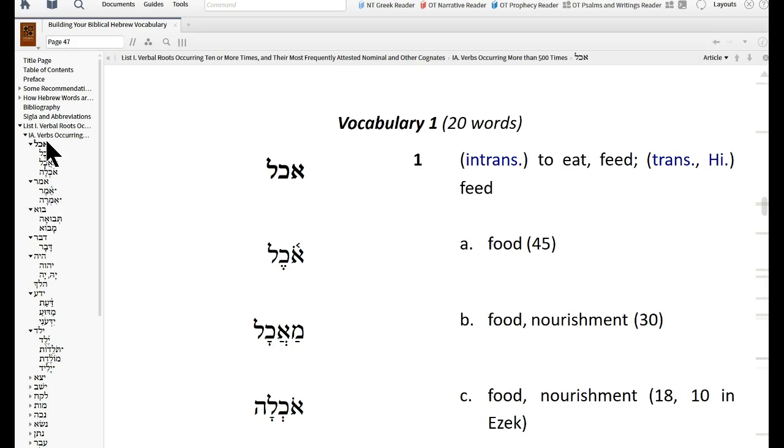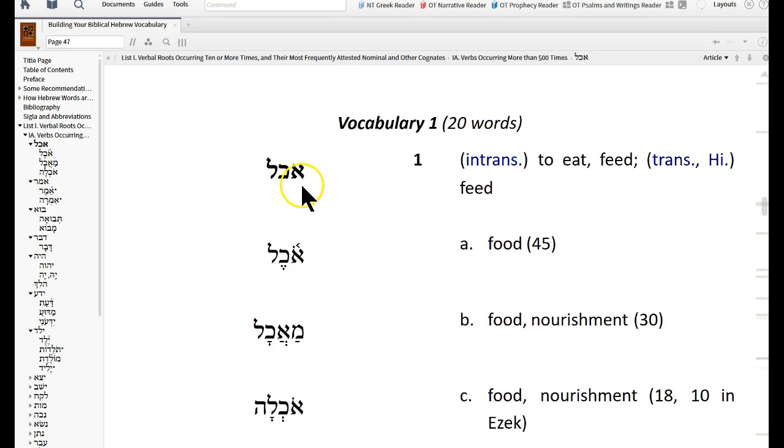And even if you don't memorize from this tool, if you get it and read it, you realize how much every single word that you memorize will help you with lots of other words.